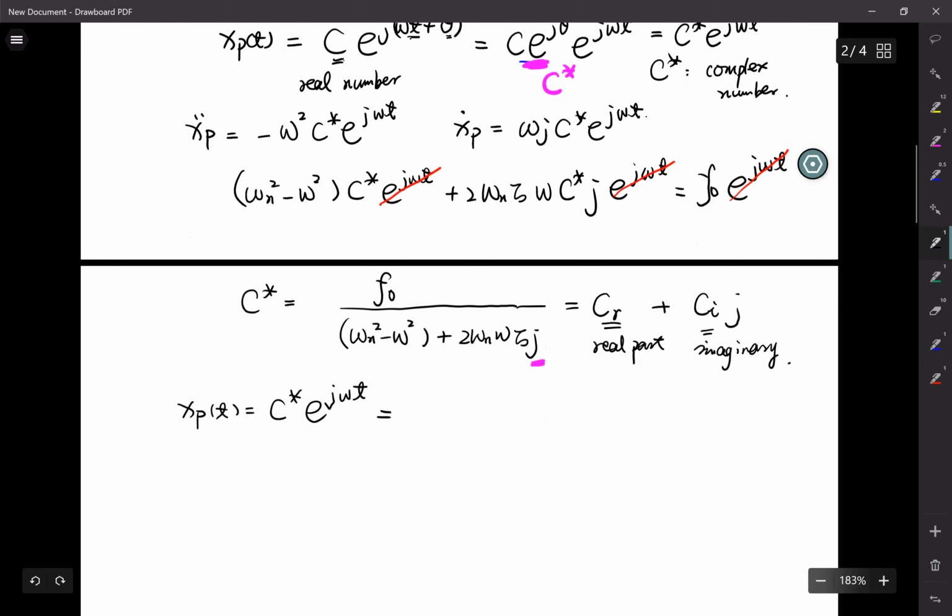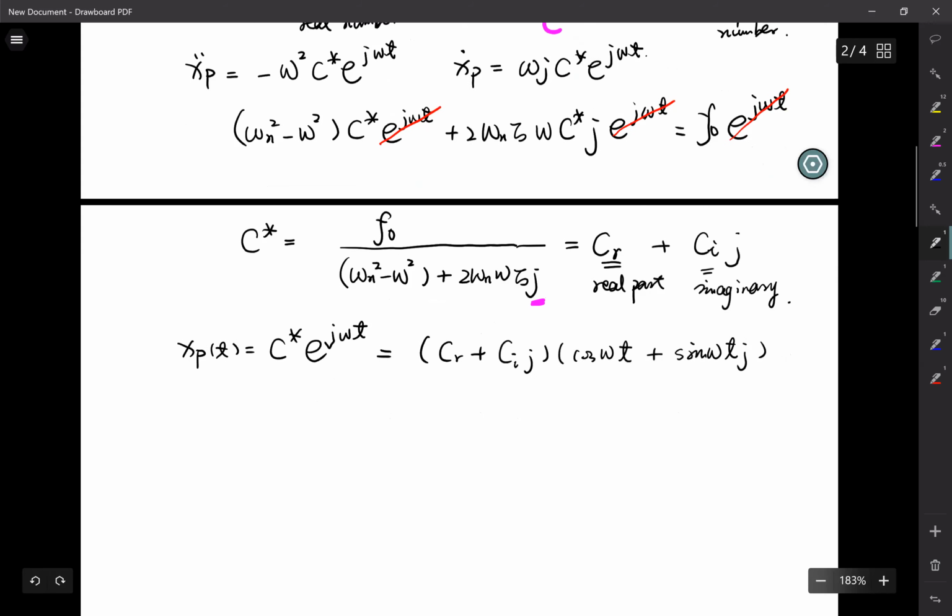So let's replace it by C real plus C imaginary times j. And then according to Euler's equation, e^(j omega t) is cosine omega t plus sine omega t j. And then you can express this out.